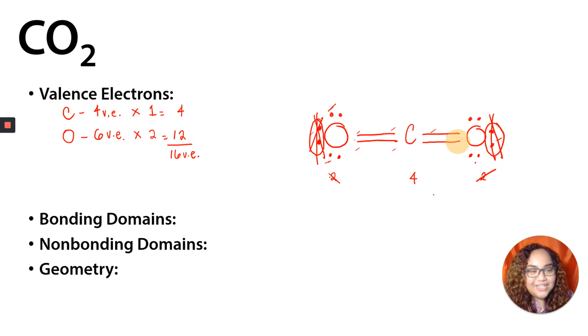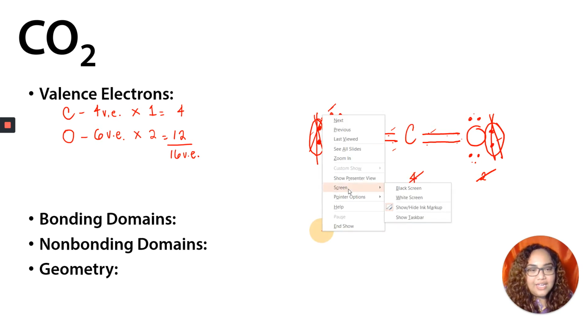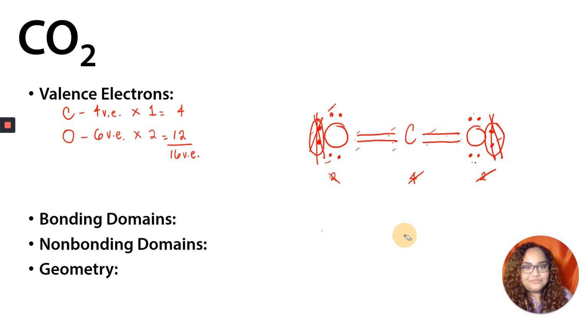Okay, so what do you get? Is oxygen already happy? Yes, it is. 2, 4, 6, 8. Oxygen is still happy. How about carbon? 2, 4, 6, 8. All right. So would you say that everybody's happy? Yes, everybody's happy. So in conclusion, we're going to erase all of this.